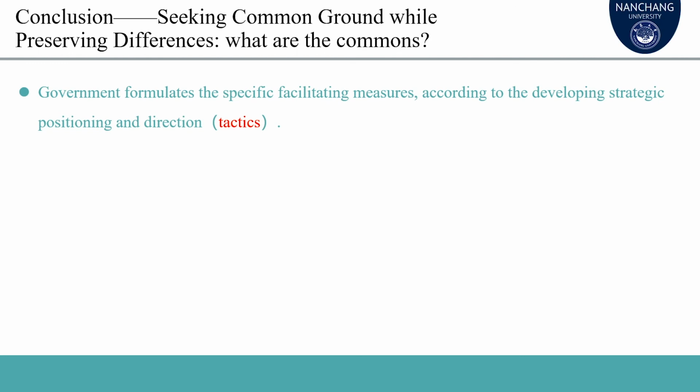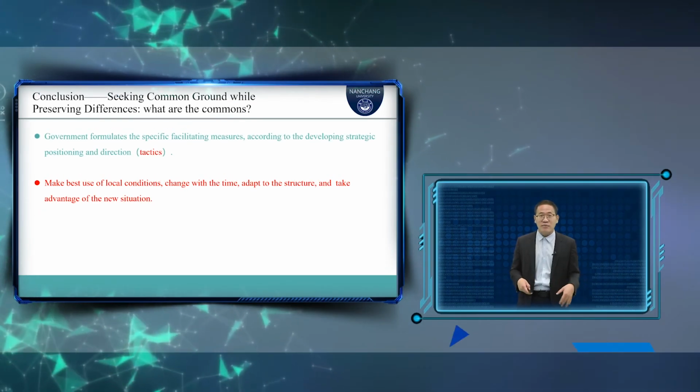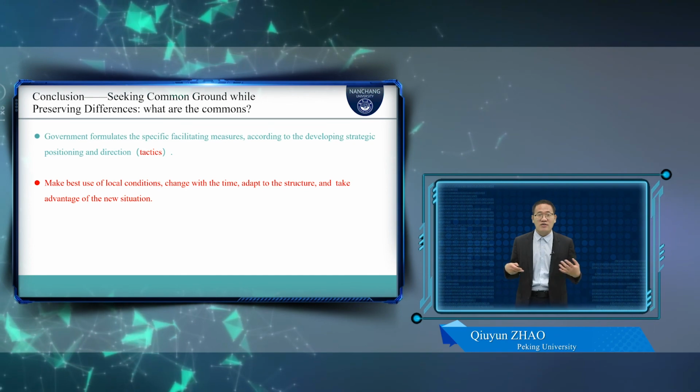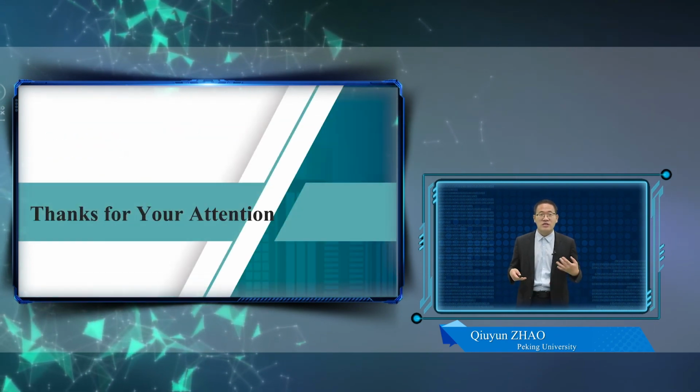To this end, the talent policy, financial policy, and opening up policy implemented by the government in light of GIFF, the Growth Identification and Facilitation Framework, are different, and they should ultimately make best use of local conditions, change with time, adapt to the structure, and take advantage of the new situation.